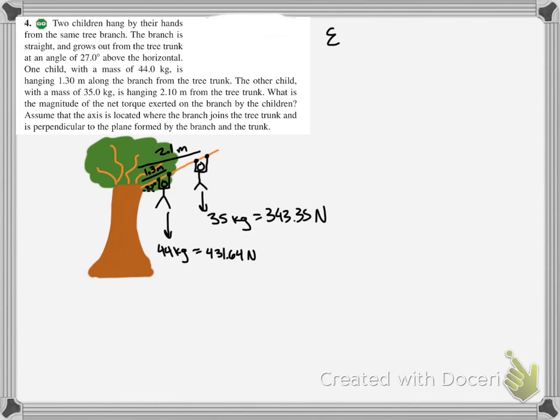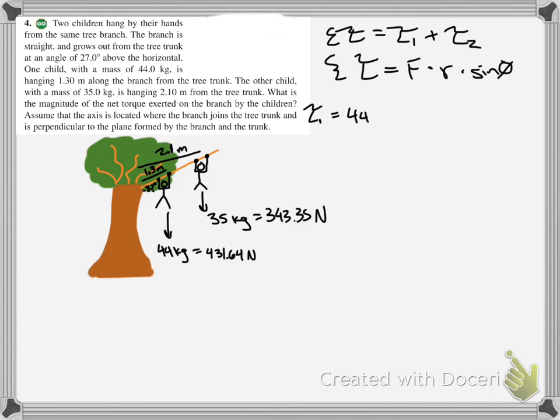Alright, so I hope this helps out a little bit. Now let's solve the problem. They ask you for the net torque. That means that you have to find the torque of each child and then just add them up together. So let's say torque 1 is equal to the first kid, which is the 44 kilogram boy, and torque 2 is the 35 kilogram boy.